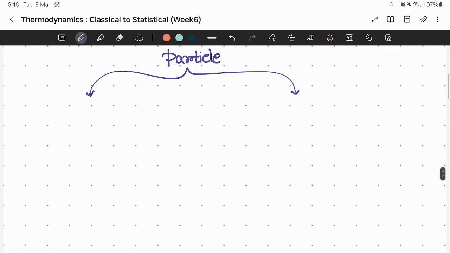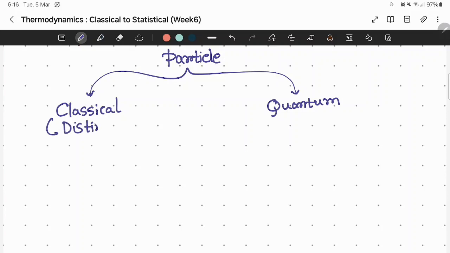In a broad sense, particles are basically of two types: classical particles and quantum mechanical particles. Classical particles are distinguishable, and quantum particles are indistinguishable.